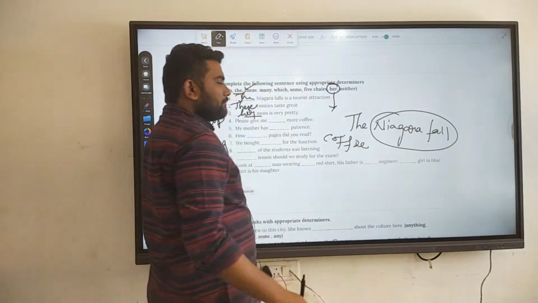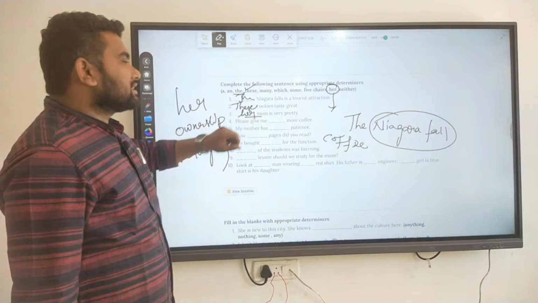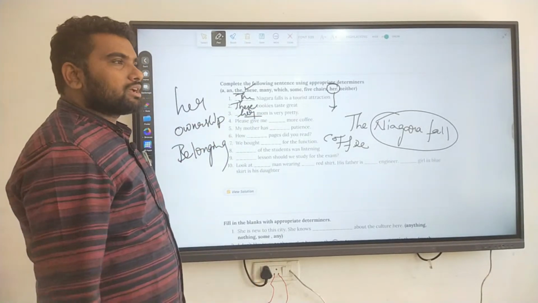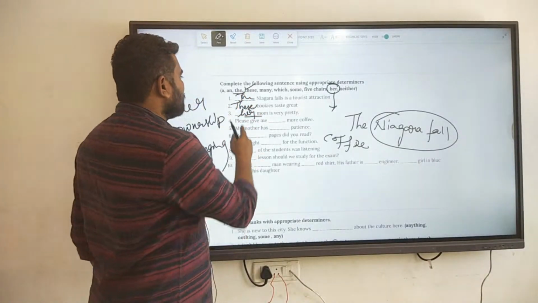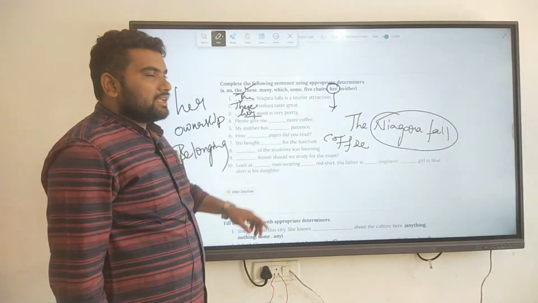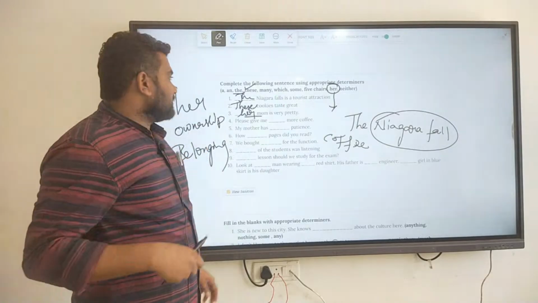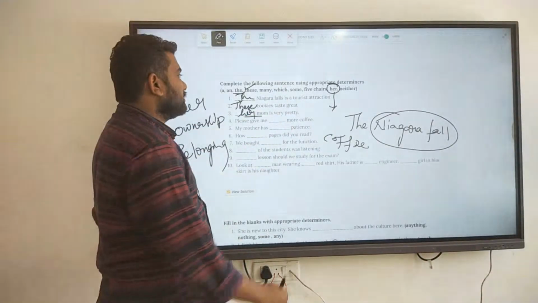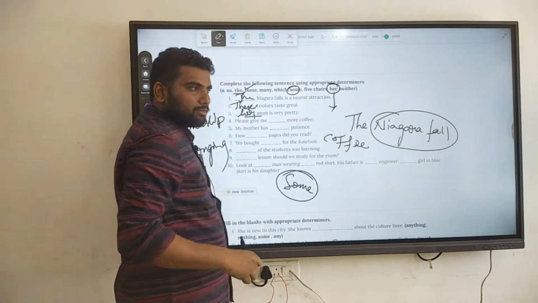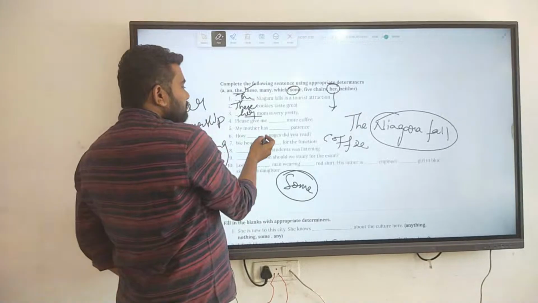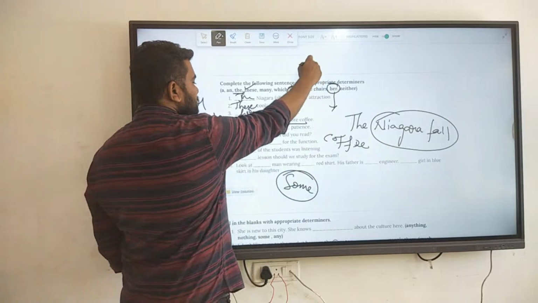Which word describes an uncountable noun? See, a and the are used for singular nouns. These we already have written. Many, no, you cannot use it. It is for plural. Which, no, it is a questioning word. But the option present here is some. Some means what? A quantity, a wholesome quantity. So here the answer is, please give me some more coffee. The answer is some.